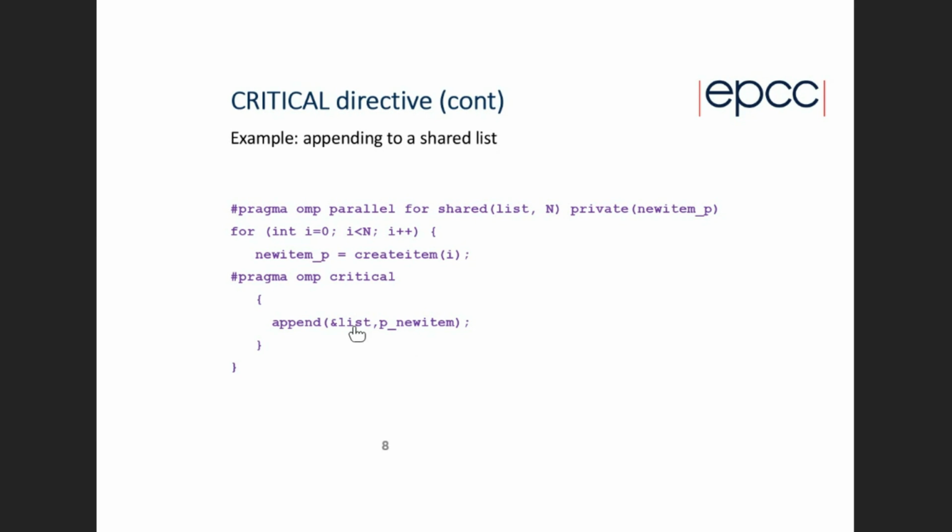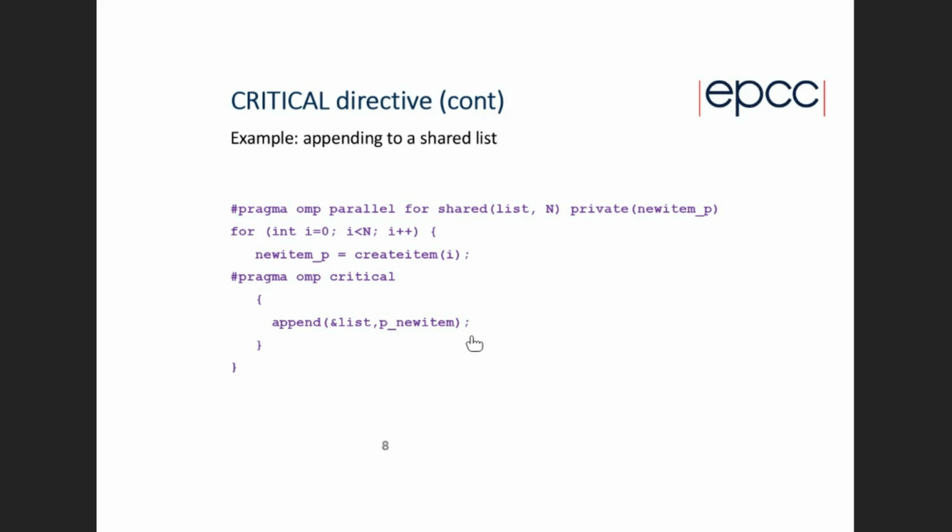So I'm going to assume that this append function is not internally synchronized in any way. So it's just plain old sequential code. And therefore, most likely, if two threads call that at the same time, there's going to be some internal race condition and bad things will happen.